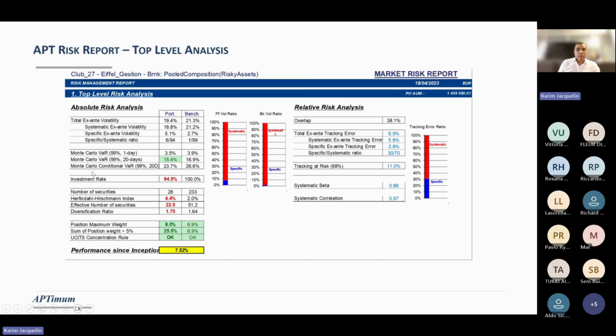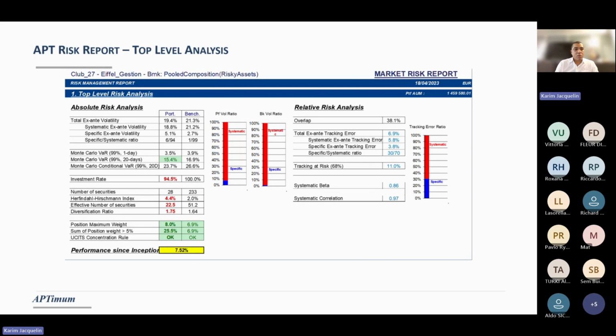Next subsection, value at risk. So here, these are indicators to estimate extreme losses. We compute the value at risk using two parameters, the confidence interval, which is 99%, and the horizon, which is 1 day. How do you interpret value at risk?